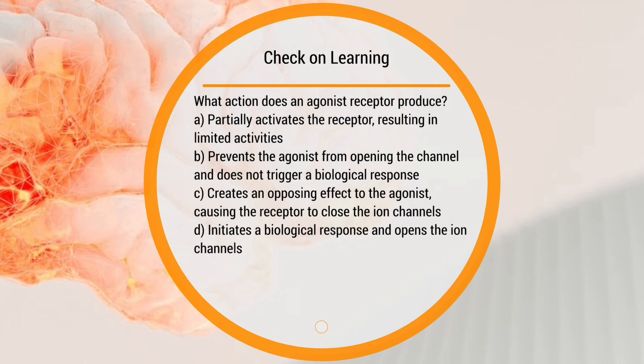C. Does it create an opposing effect to the agonist, causing the receptor to close the ion channels? Or D. Does it initiate a biological response and open the ion channel? Which option would you take?